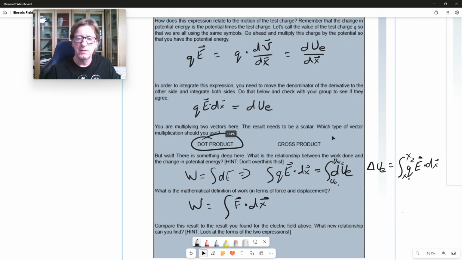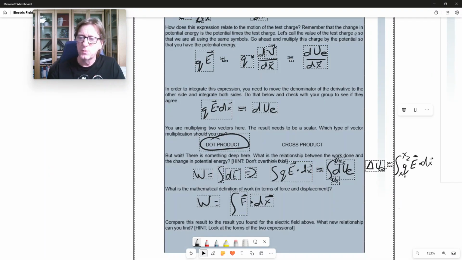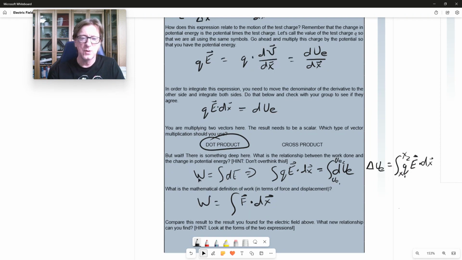All right, so we're going to compare this. So if we compare this to what we found here, look at that. This tells us, since delta U is also the work, then if this is dx, that tells us something very, very interesting. It tells us that the electric force, which is a vector, must simply be equal to Q times the electric field.